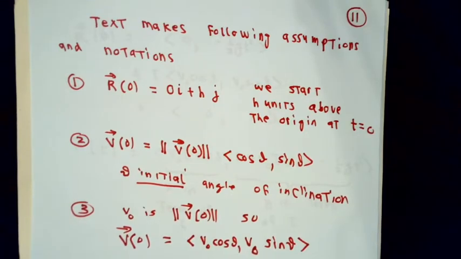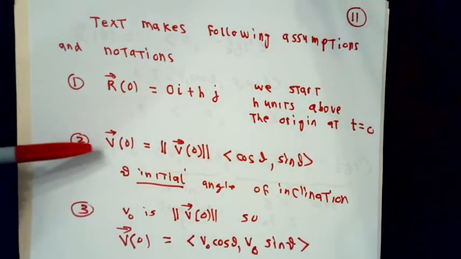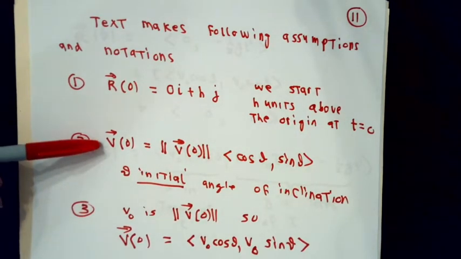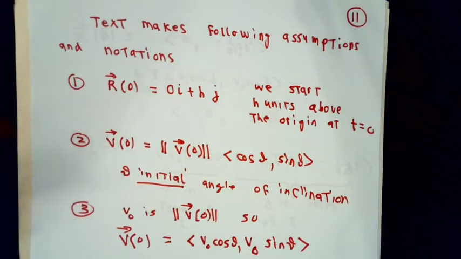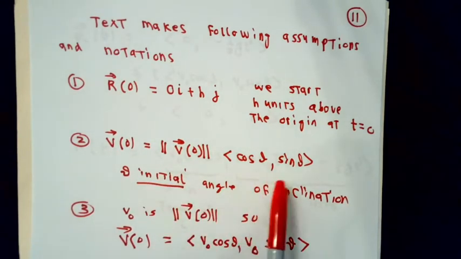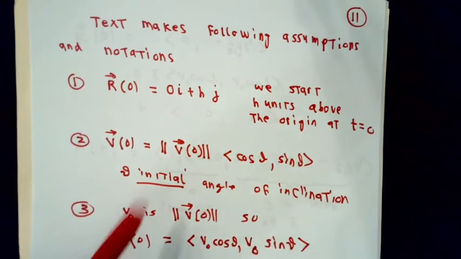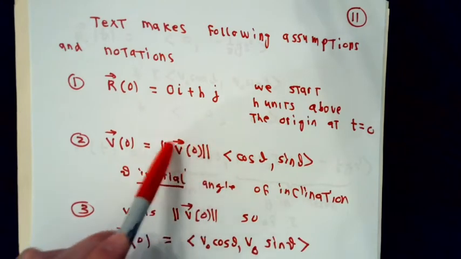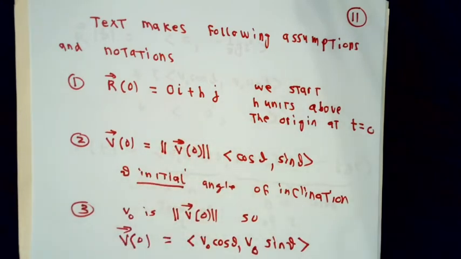Secondly, because we have various descriptions of vectors in the plane, we're going to write v0, the initial velocity vector, as its magnitude times the vector cosine theta, sine theta. This number is a constant. It's the initial speed of the object. Theta is a constant.